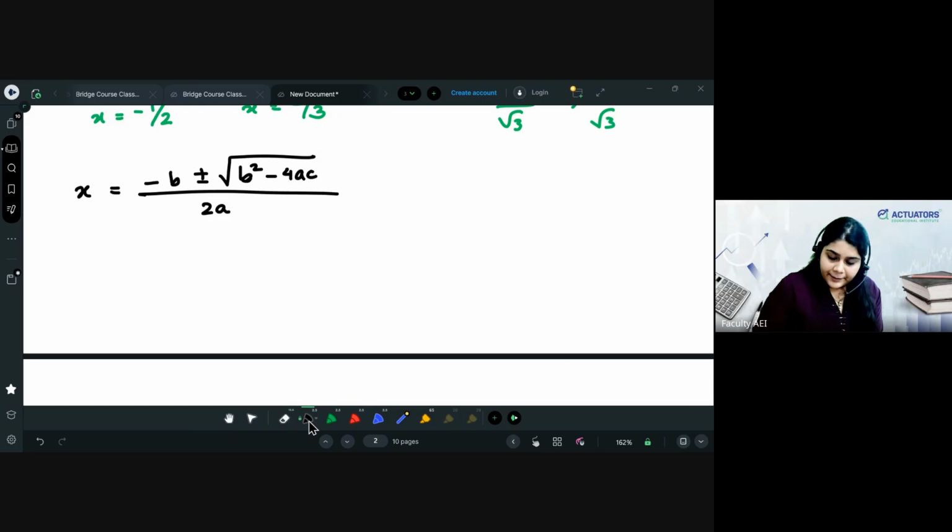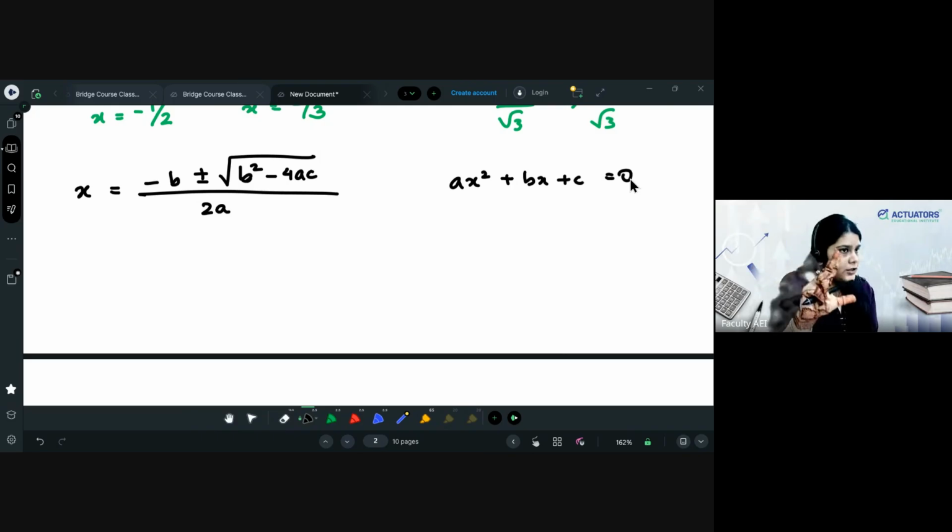अब इसमें this is the formula, श्रीधराचार्य's फॉर्मूला, जिससे a, b, c we know कि क्या क्या है as per the quadratic. I am writing it here again. ax square plus bx plus c equal to 0. A is the coefficient of x square, b is the coefficient of x, and c is the constant of the quadratic equation. ठीक है.